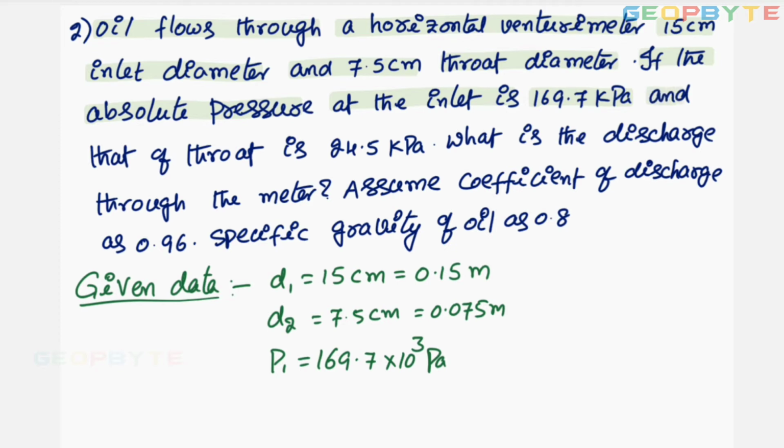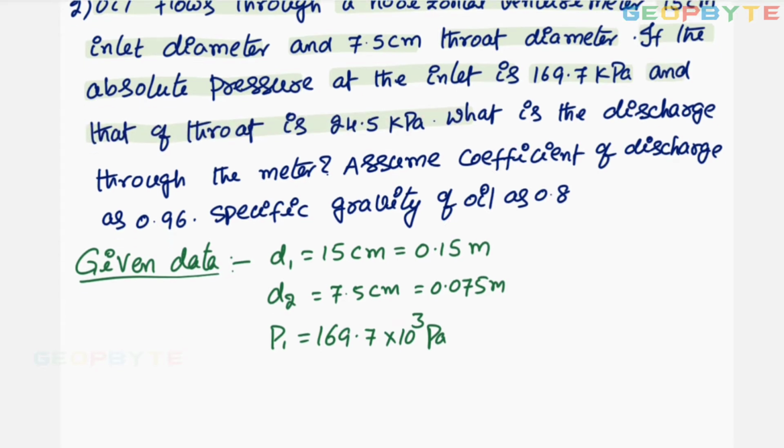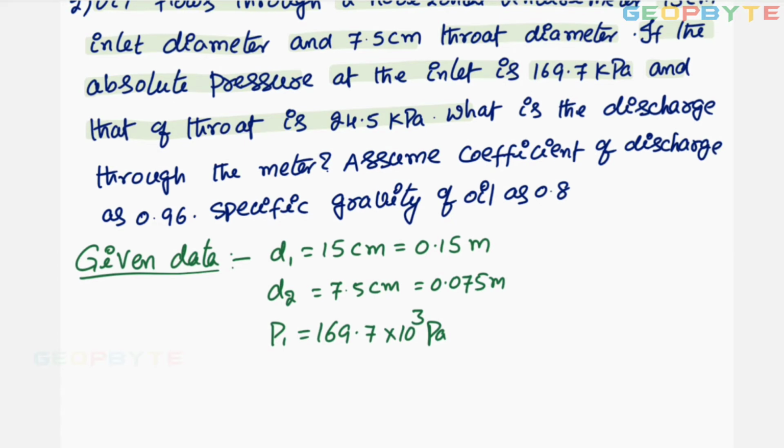and that at the throat is 24.5 kilopascal. The absolute pressure at the throat P2 equal to 24.5 into 10 raised to 3 Pascal. Since the pressures are given in kilopascal, I converted to Pascal by multiplying with 1000.